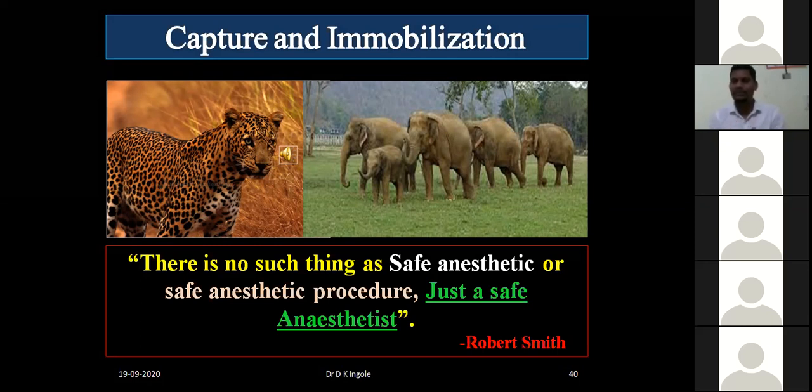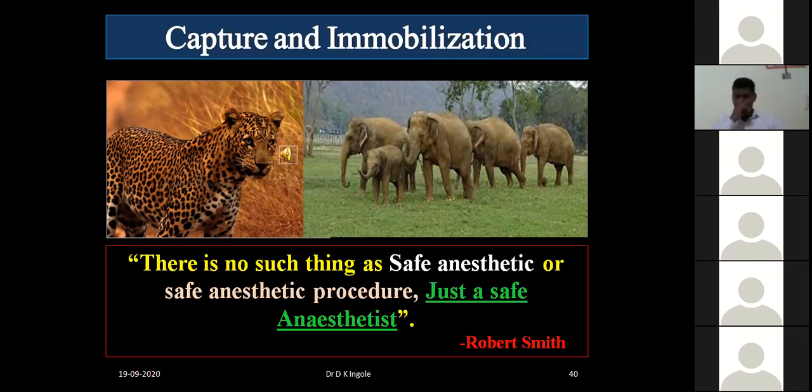They don't have any pleural space in the thoracic cavity, so they will die due to suffocation. So immediately it should be turned to lateral sternal recumbency or lateral recumbency. Like that, we should know the behavior and anatomical variation of the animal.